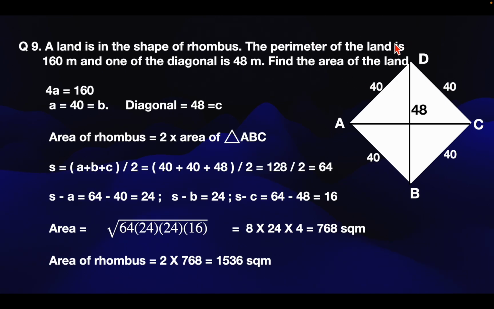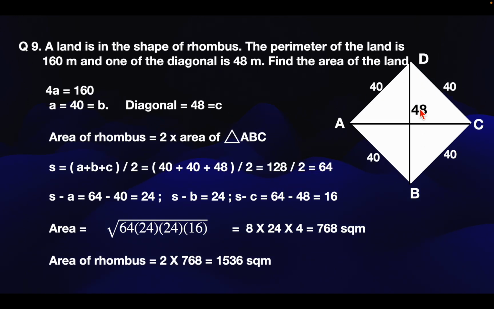And they've given the perimeter as 160. So what it means is 40 plus 40 plus 40 plus 40 will give us 160. That is, the length of each side will be 40. Is it not? 160 divided by 4 will be the length of each side. The diagonal is 48.